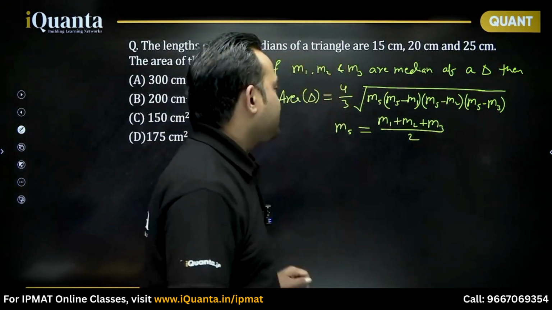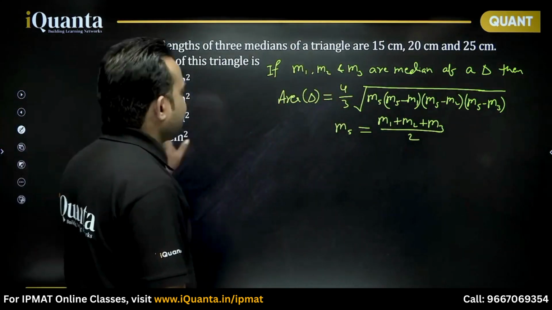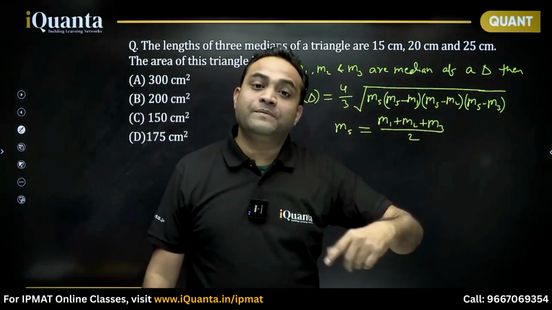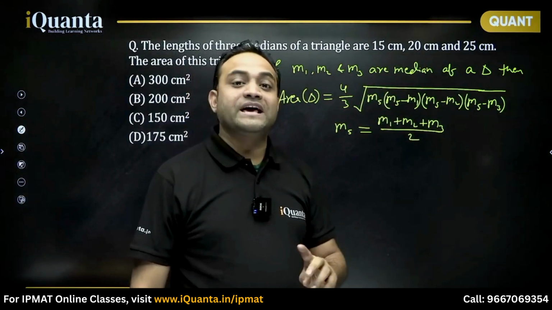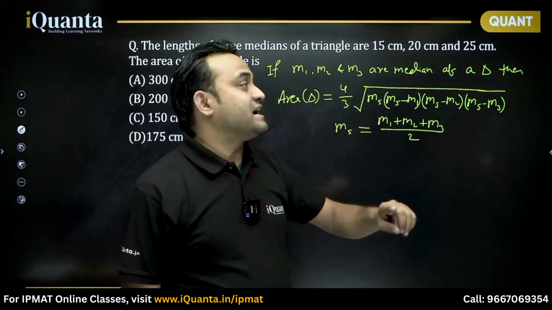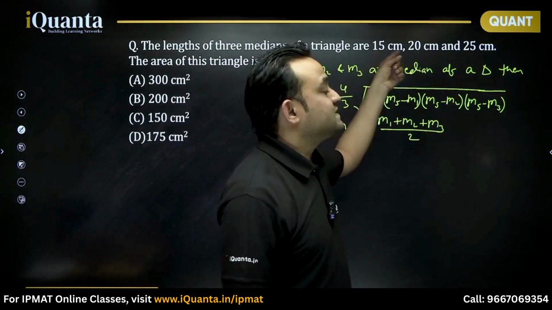In other terms, the area of this triangle will be 4/3 of the area of another triangle whose sides are the same as these medians.